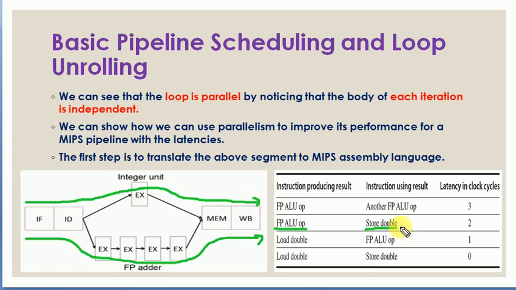The store double expects the result of the first instruction. The first instruction will produce the result at this stage, and the second instruction expects the result to be stored at this particular stage. Okay, so let us see what will happen. Instruction fetch, decode, EX, EX, EX, EX. Here it will be producing the result.